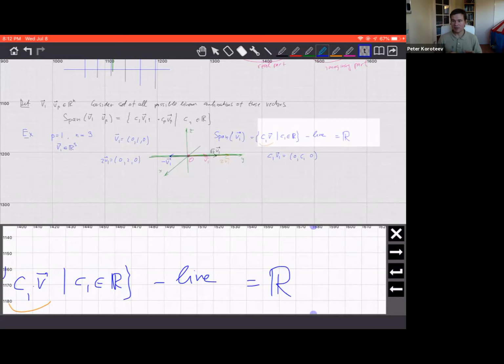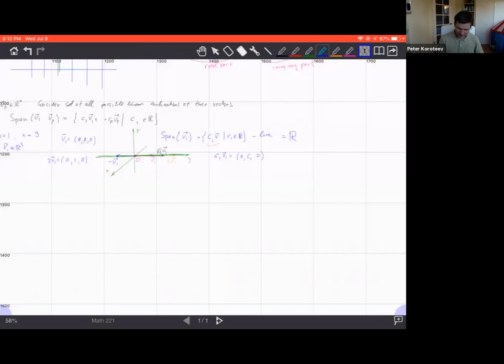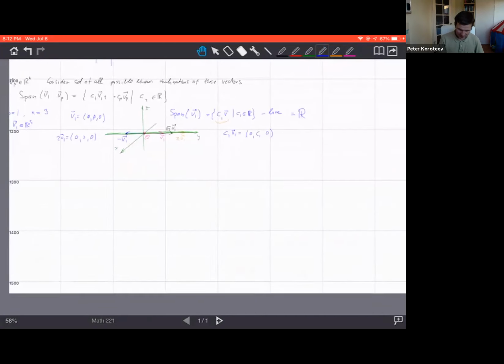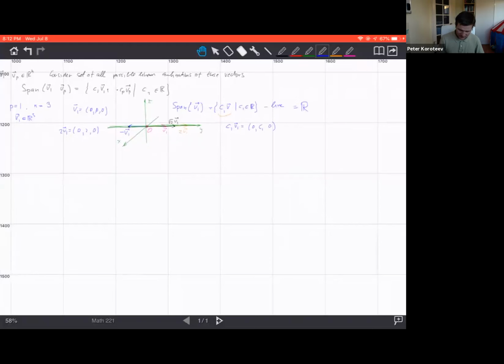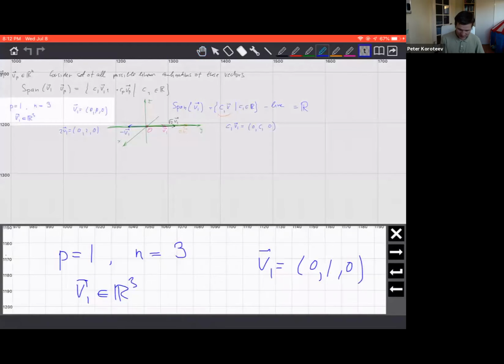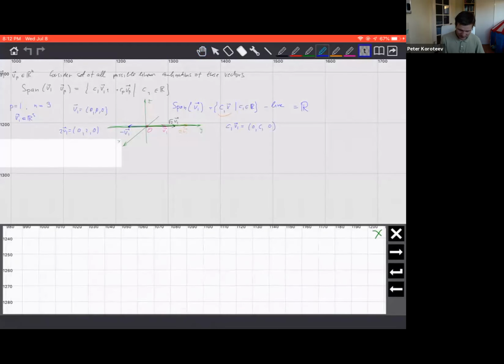So a span of a set of vectors is a space. It's a set of points. It's an infinite set of points. Okay, so maybe if this is not completely clear, after we solve the next exercise it will be easier to see what's going on. So let's say we stay in 3 dimensions.